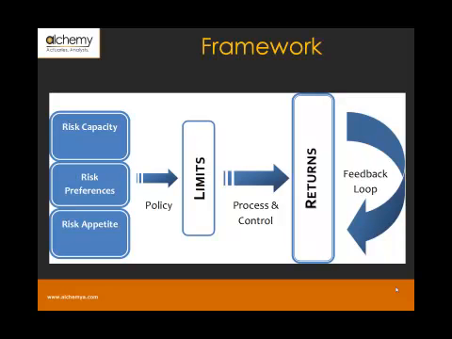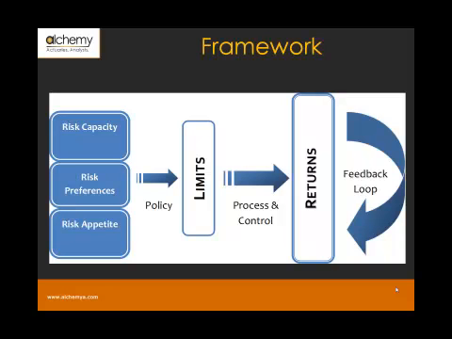Over a period of time, as returns are realized, I may find that I have taken either too little risk or too much risk. And this in turn will trigger the feedback loop to go back and review the capacity, preference, and appetite setup I started this organization with.